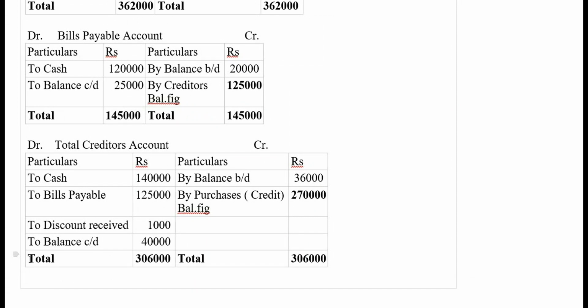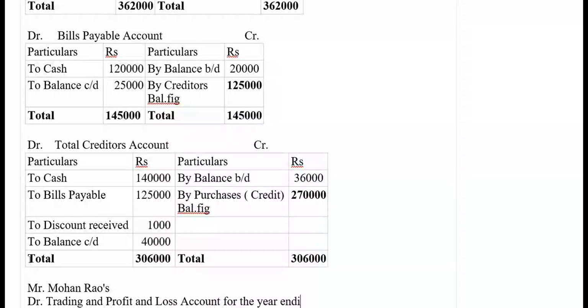The next one here is we need to prepare the trading and P&L account. Mr. Mohan Rao's trading and profit and loss account for the year ending 31/12/2011.